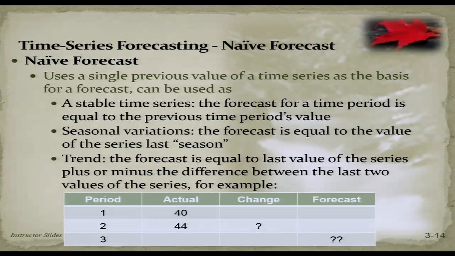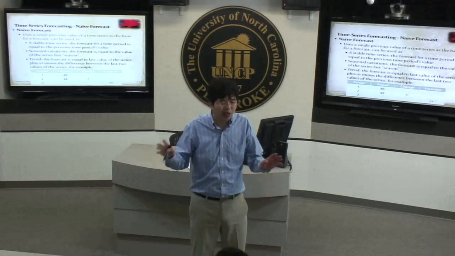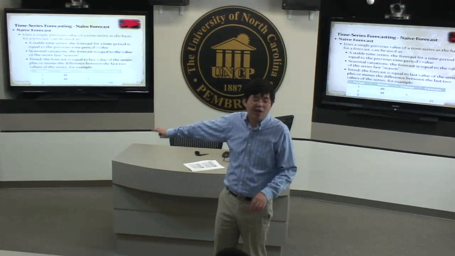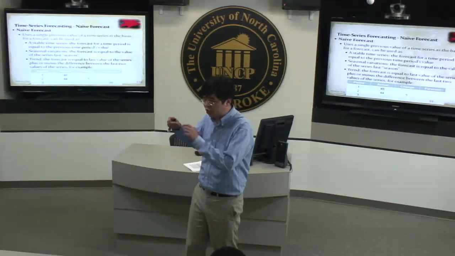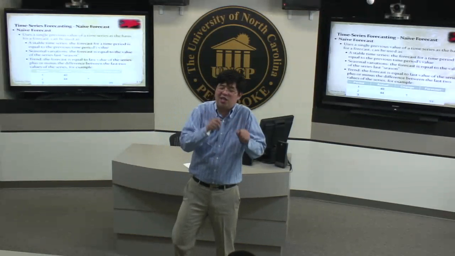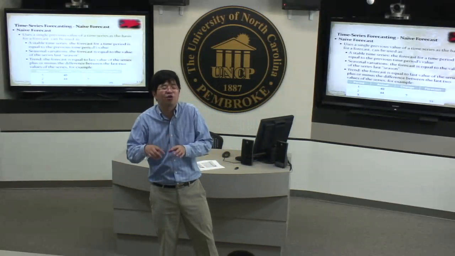Okay. When you are doing the exam, many students ask me before the exam. When an exam or homework question asks you about the naive method, if they don't mention the trend, then it's a pure naive method. It just uses 44. If they want you to capture the trend, they will mention that it's the naive method with trend. Many students make it too complex.